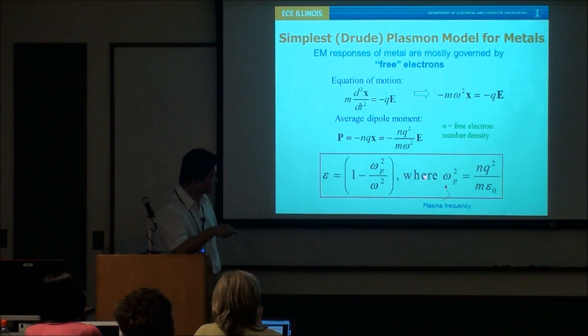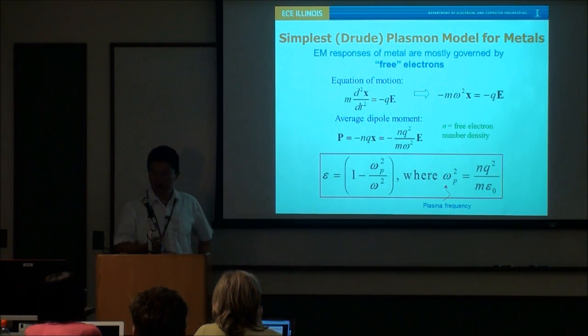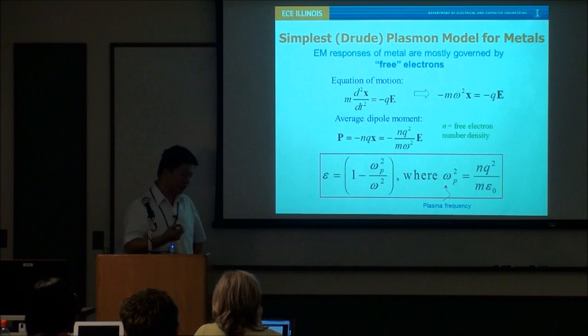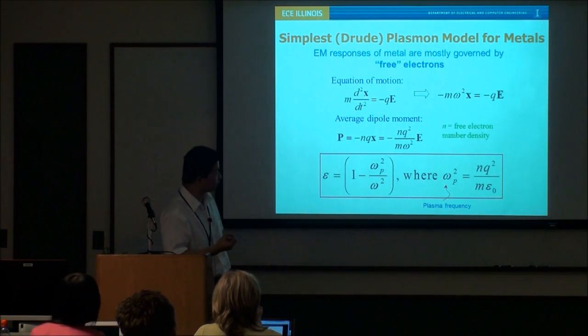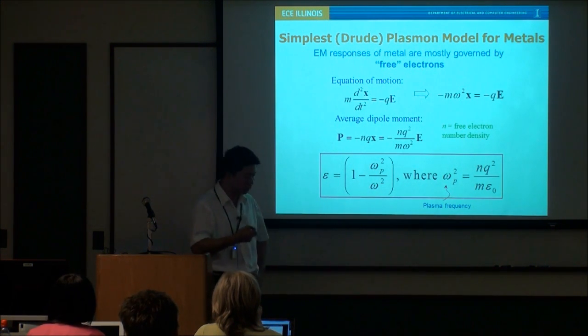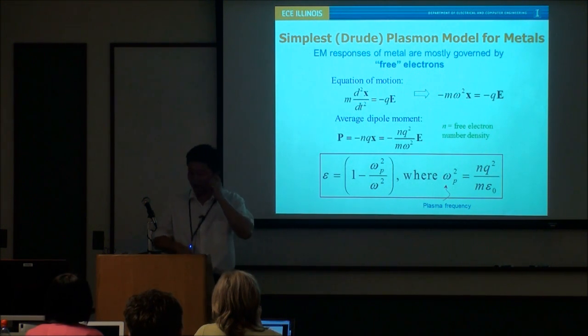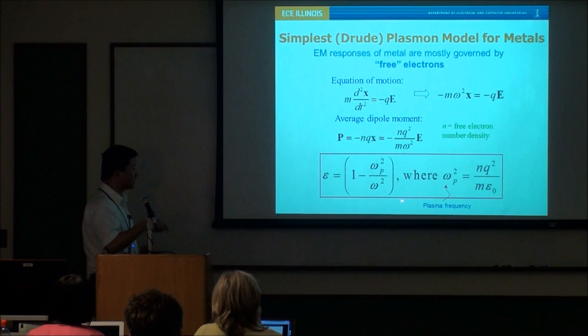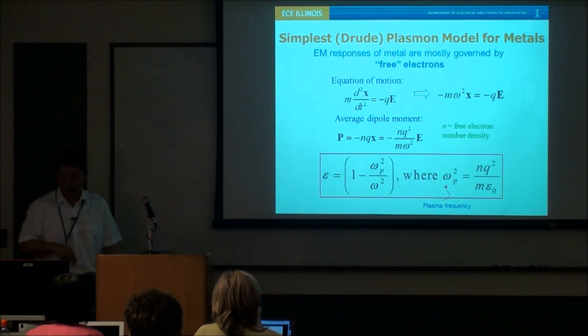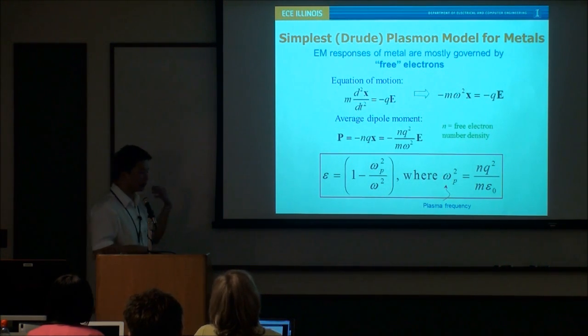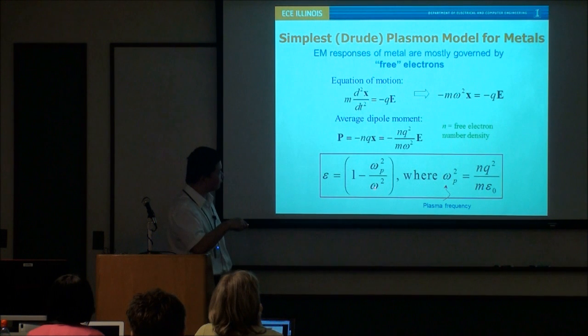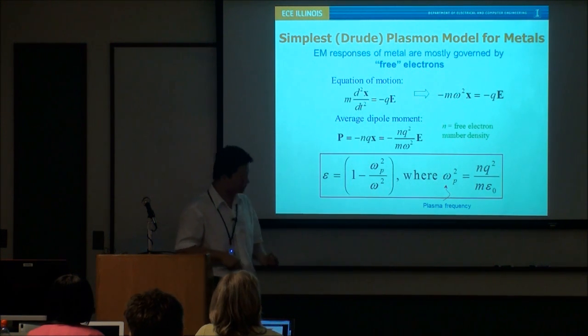So this is basically a constant for a given material, because we know the free electron density for any metal, either gold or silver. Once we know that, we will know the plasma frequency. If we know the plasma frequency, then the permittivity becomes a function of frequency.